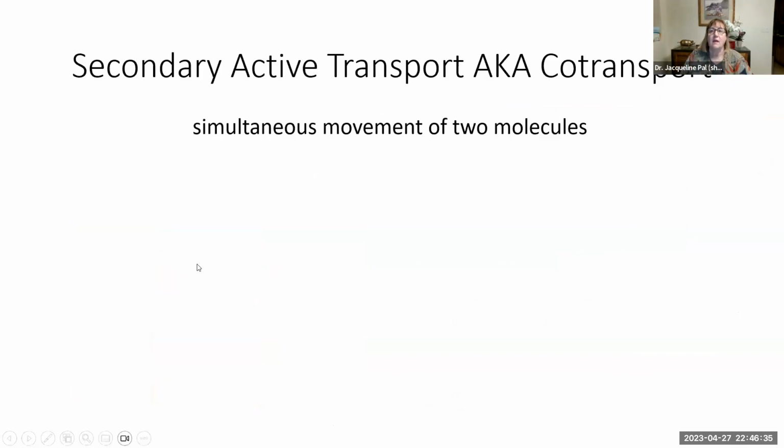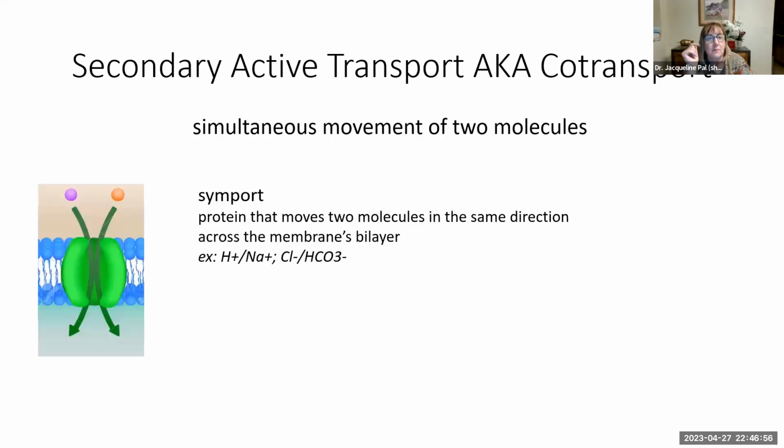All right. Now for something totally new, secondary active transport. Sometimes it's called co-transport. This is the simultaneous movement of 2 molecules. But remember, in primary active transport with sodium and potassium, they were both going up their concentration gradient. So this is different.